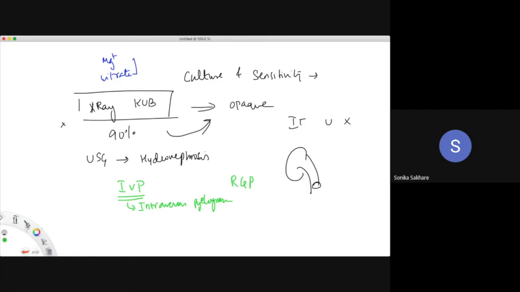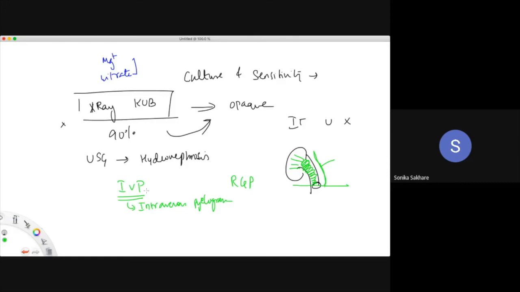The kidney has filtered all of that, and this is all glowing, this is the contrast part. It comes, and here there's stoppage. The contrast will not go further down. That means the renal function is fine, and it is telling about the proximal part of the obstruction. It's going to tell us where exactly the obstruction is. That is the role of IVP.